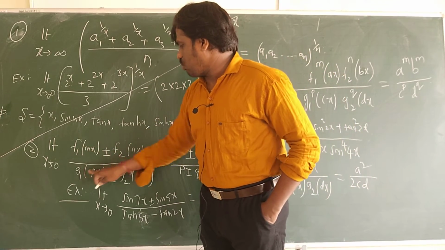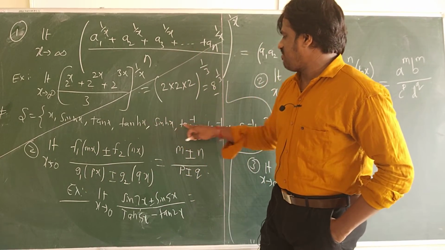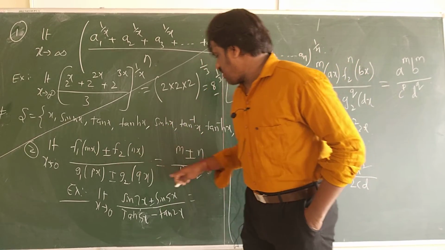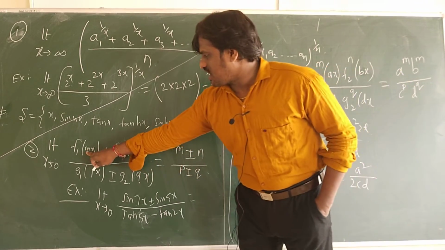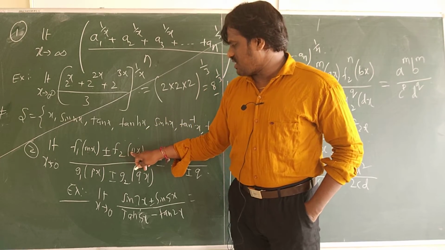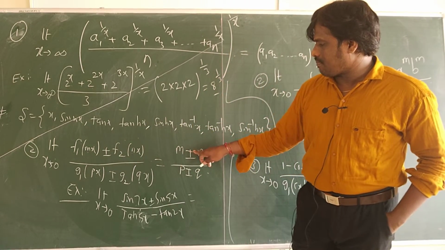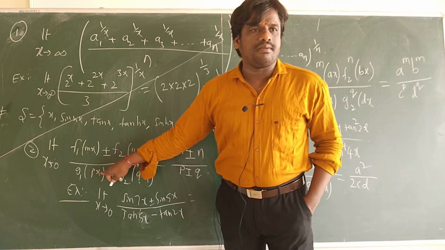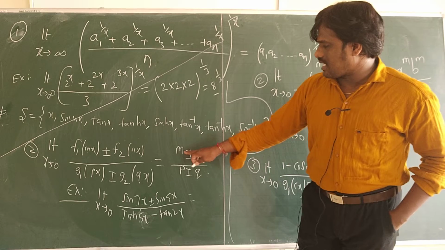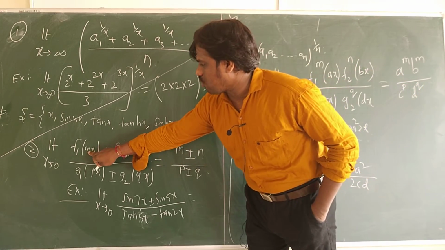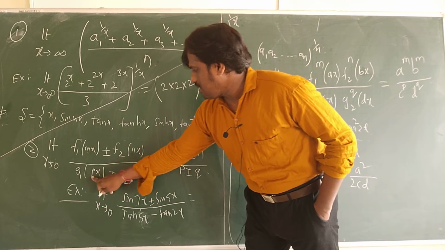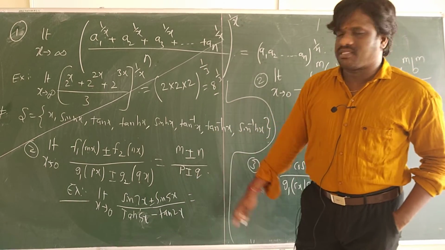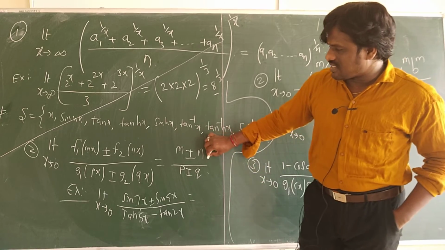So f1, f2, g1, g2 represent any of these functions. Then the answer we get: here the coefficient is m, here the coefficient is n, and here p and here q. So m plus or minus n by p plus or minus q will be the answer for such kind of questions.